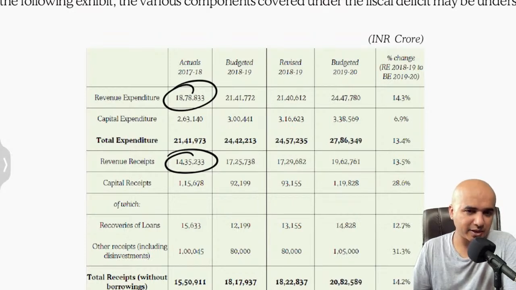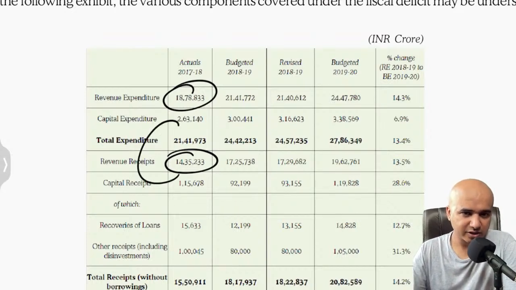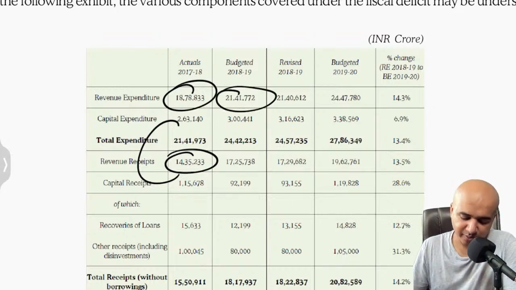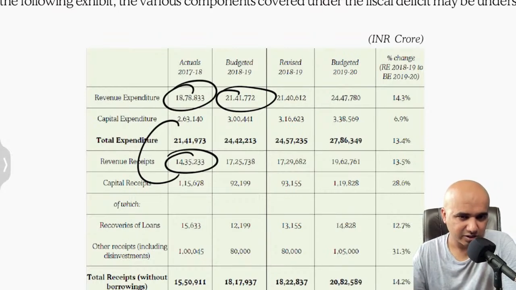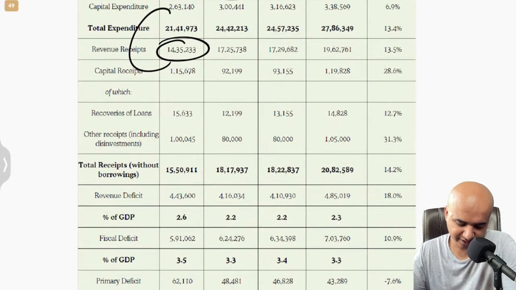Even if you look at the capital expenditure and capital receipts, there is some deficit. There is not even a single year in the recent past where we haven't suffered a revenue deficit. Every year the expenditure is more than the income or the receipt. So that's why we have been having a deficit.